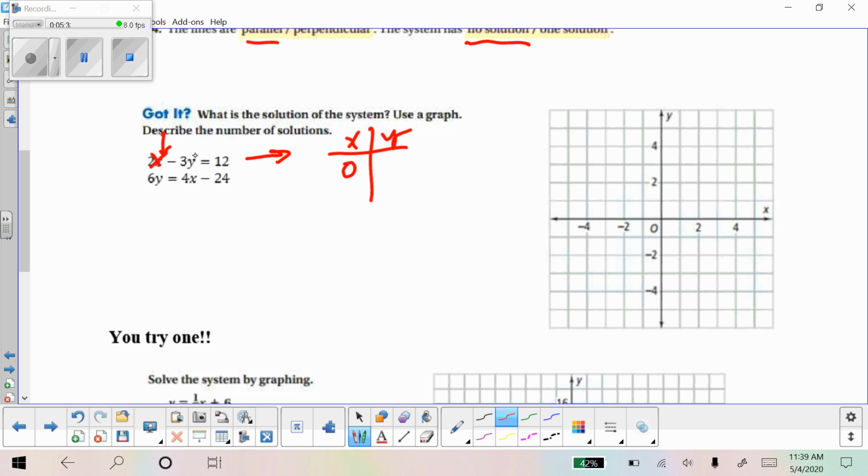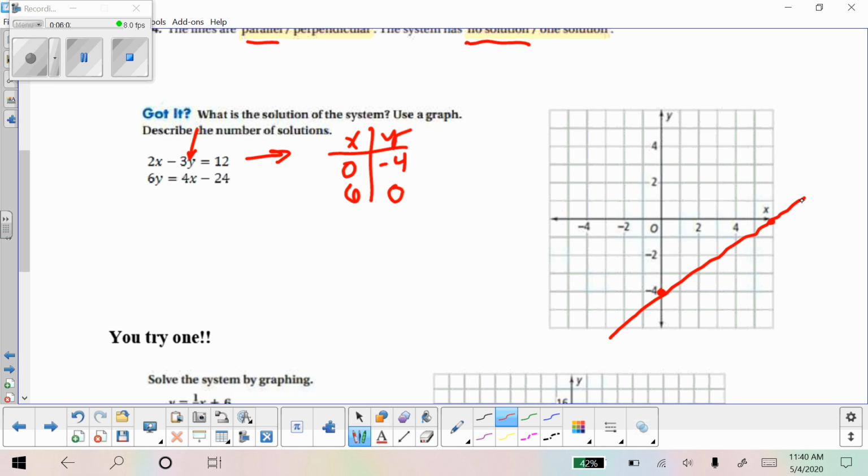And then I would do 12 divided by -3, which is -4 for y. So that's 1 point on that line. And then to get the other point, I would put in 0 for y. And that would make this part 0. So then I would have to do 12 divided by 2, which is 6. So (6, 0) is the other point. That's way out here. And there's that line.